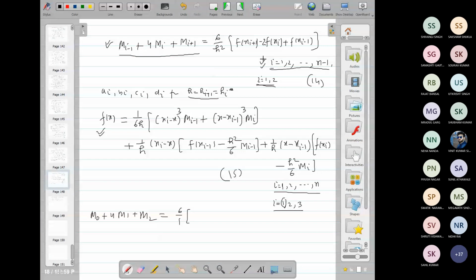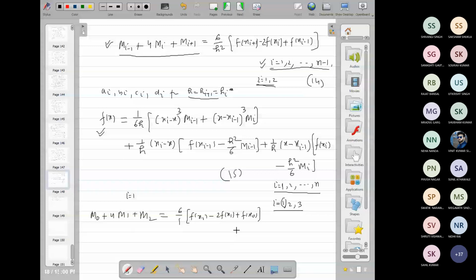So f(x_{i+1}), where i is taken as 1, will be f(x2) minus 2 f(x1) plus f(x0).